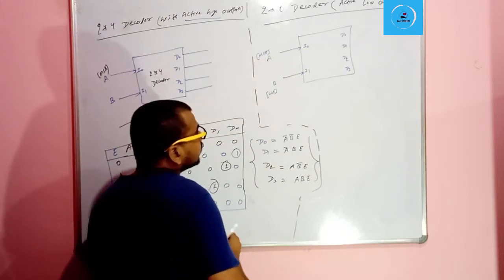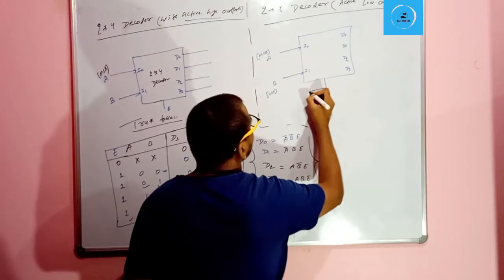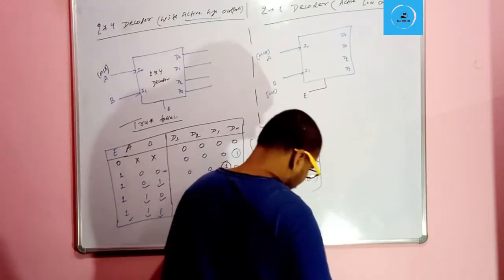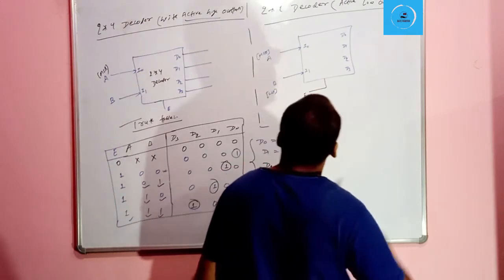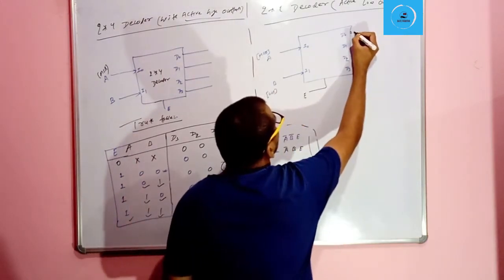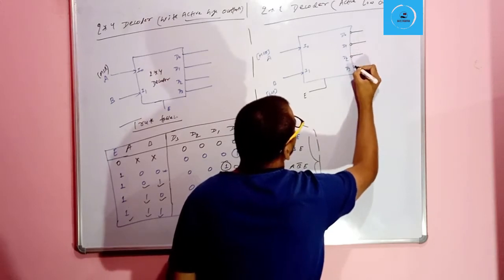There will also be an enable signal E. In the active low output, we will use NOT gates at the outputs of the decoder.